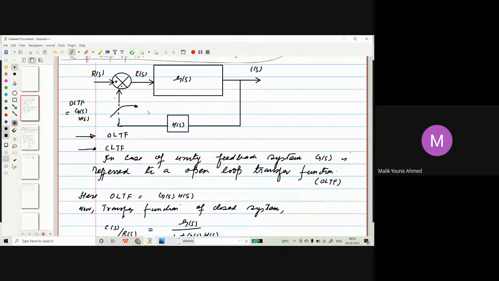This you have to remember ever. We don't take the open loop term from the open loop system.